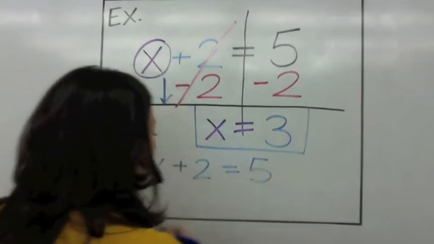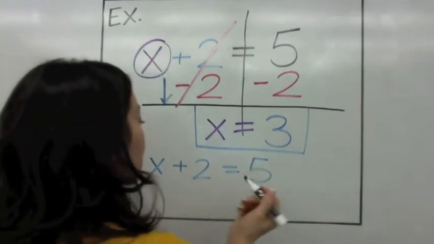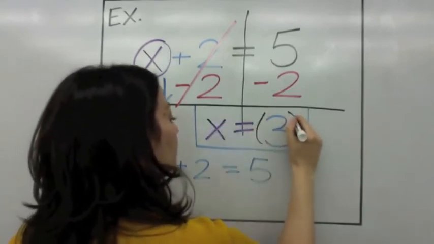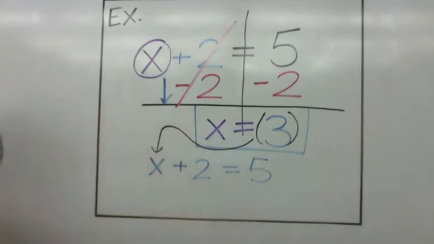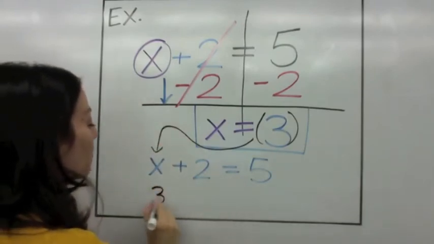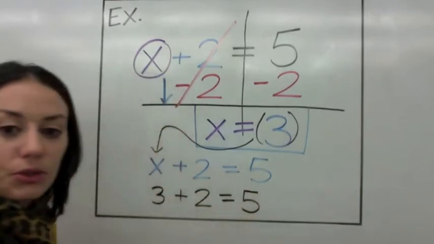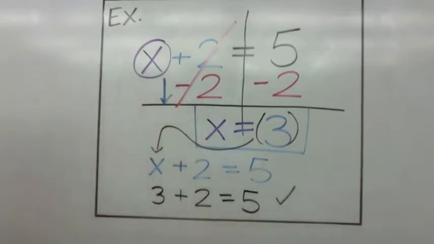Remember, it's a statement that has to be true. So let's go ahead and substitute 3 in the place of x, because x is 3. So is 3 plus 2 equal to 5? Is that true? Yes, it is. So I want you to make a check.